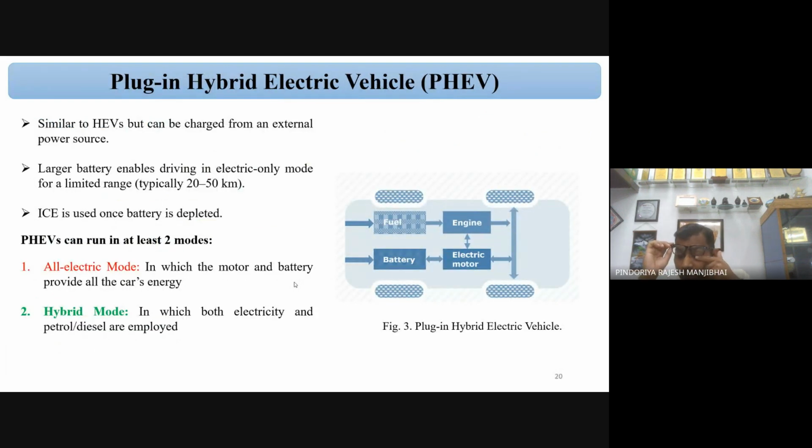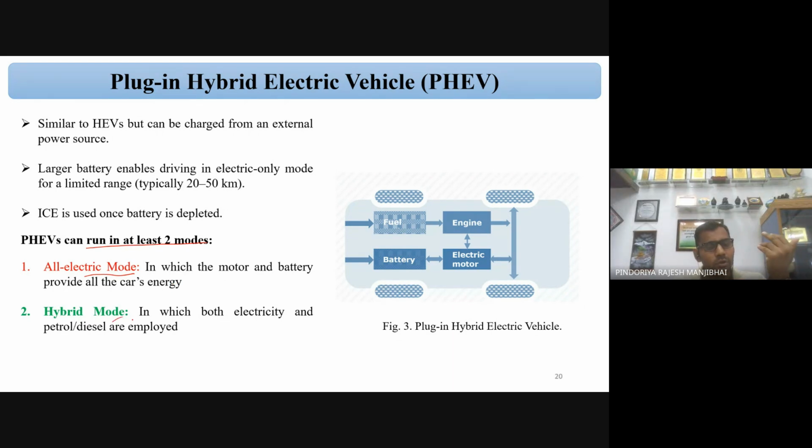So plug-in hybrid vehicle is the same. Here we have to just use the external plug to charge our vehicle. Otherwise, that is the same like the hybrid electric vehicle. So plug-in hybrid electric vehicle can run in at least two modes. All electric mode, we can operate as a battery operated electric vehicle.